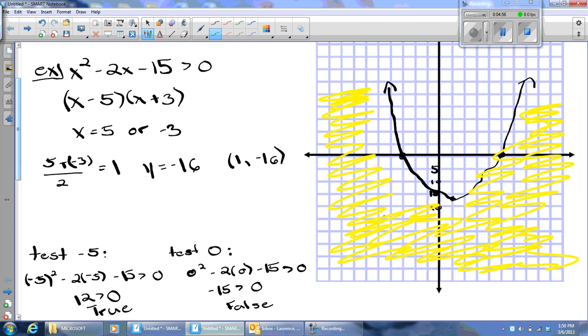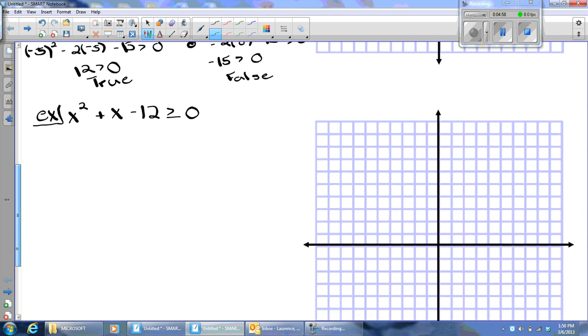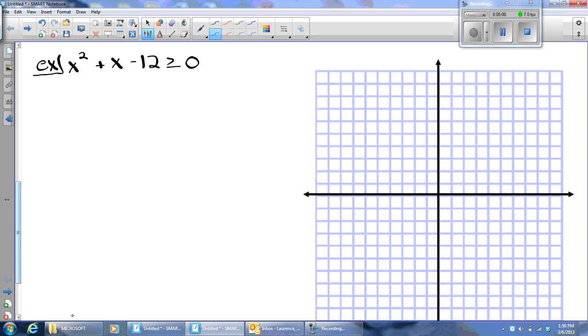Okay, let's do one more. Okay, for this one, let's use the quadratic formula. So we have our a is 1, our b is 1, and c is negative 12.